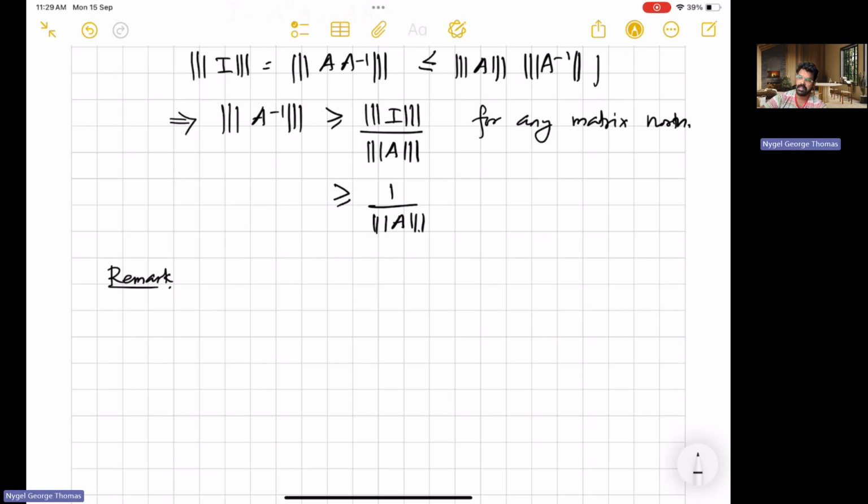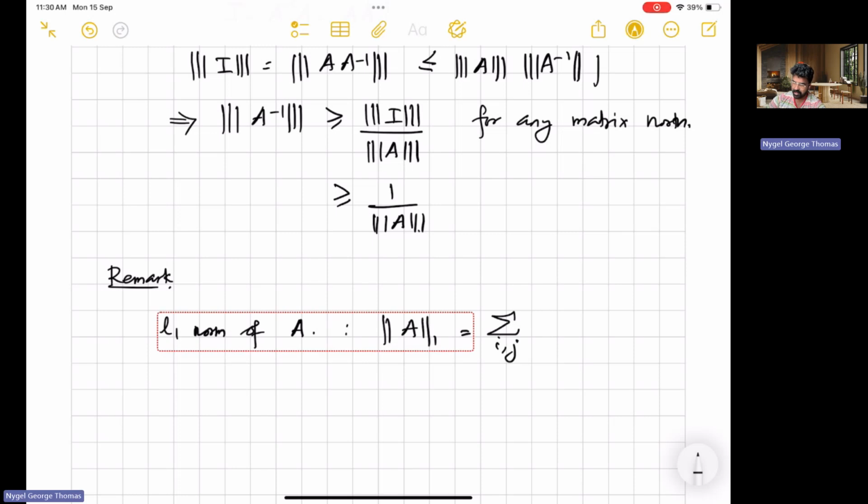For example, the L1 norm of a matrix A is defined as the sum over all i, j up to n of the magnitude of a_ij.